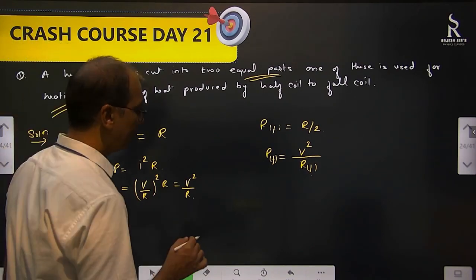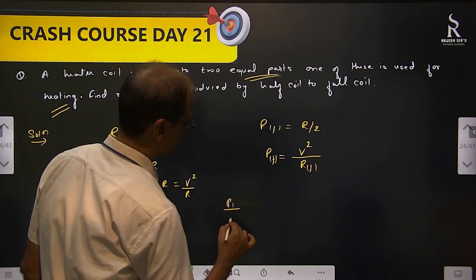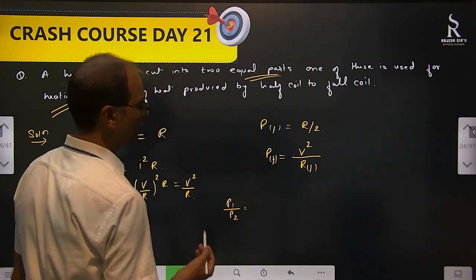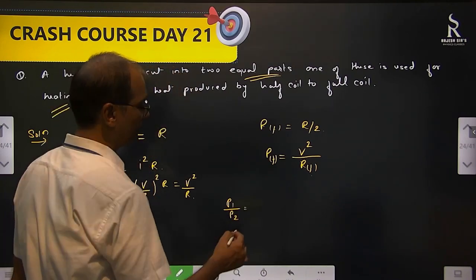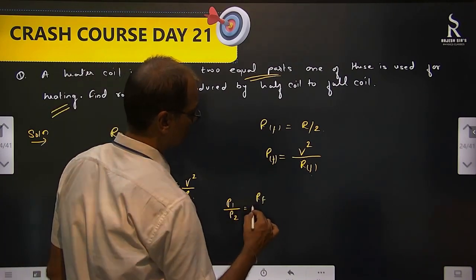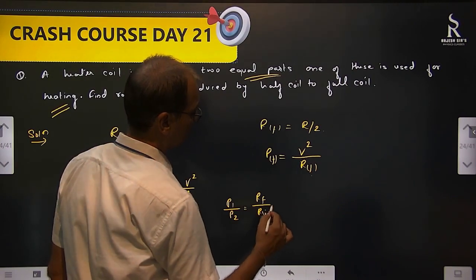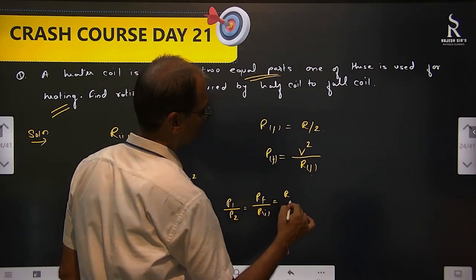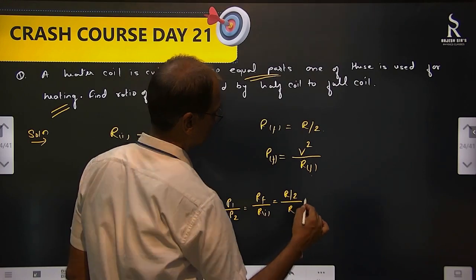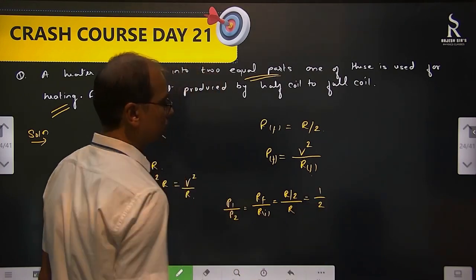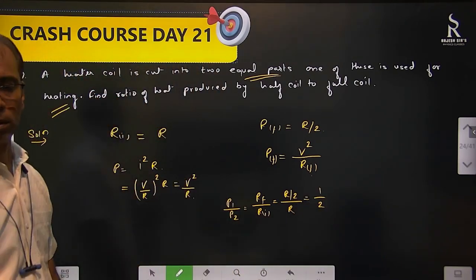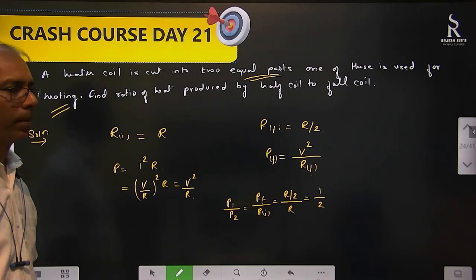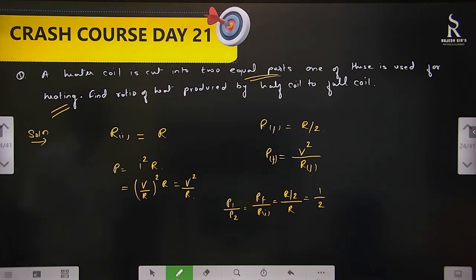So P1 by P2 equals R final by R initial. R final is R by 2 and this is R. So the answer is 1 by 2. Correct? Clear?